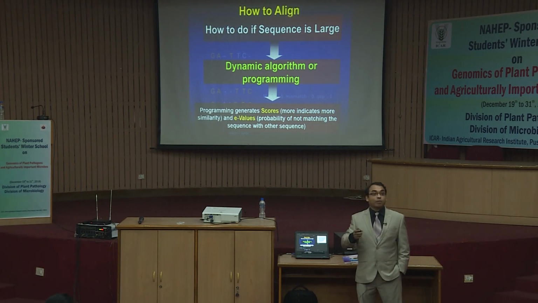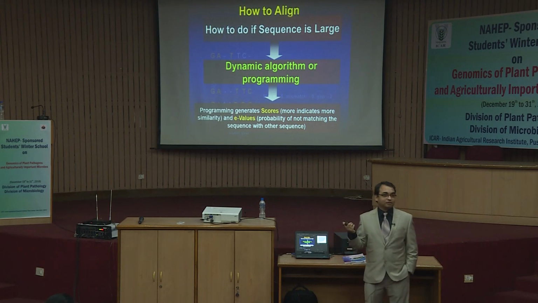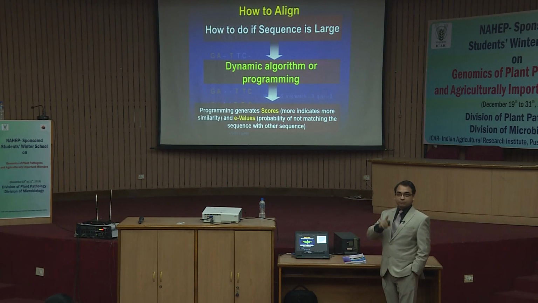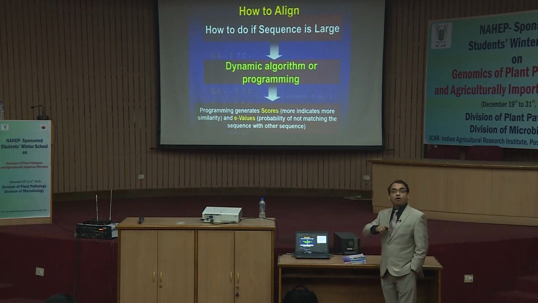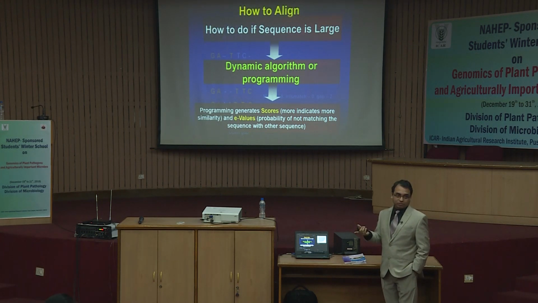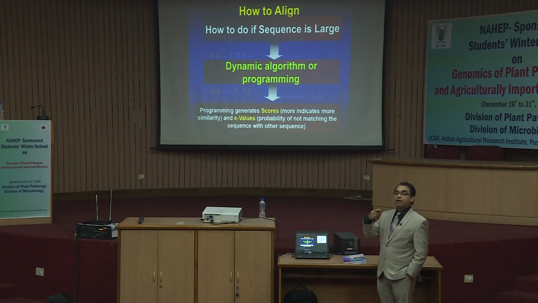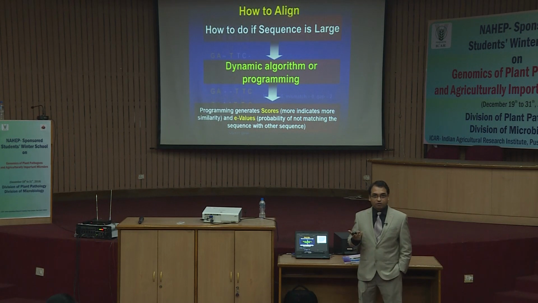That means the probability of matching is 99.99 percent. Okay? So, a higher score means more similarity, and a lower E value means the probability of being a homologous sequence is higher. Okay, clear? So, there are 2 terms again, scores and E values. If the E value is lower, there is more probability of those 2 sequences being homologous.